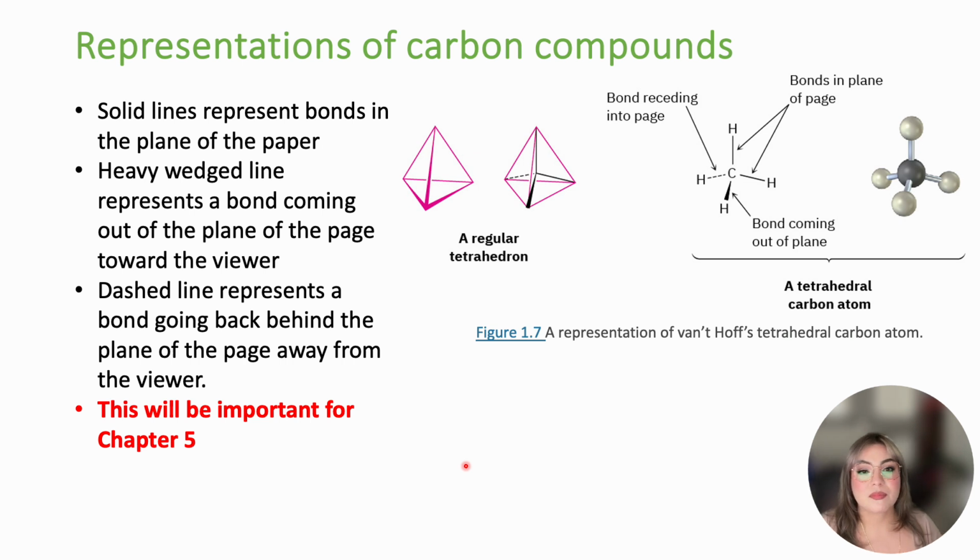So, these representations of carbon compounds, we talked about the line structures and the electron dot structures. There are some other ways that you're going to see compounds represented in this class. You are going to see this representation a lot later on, specifically chapter 5. What does this representation mean?